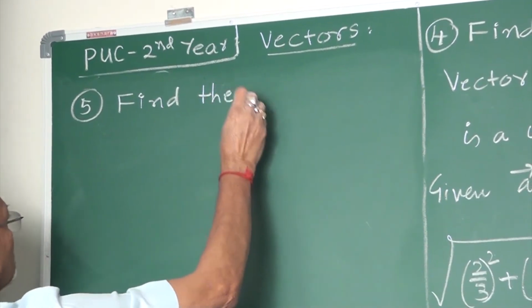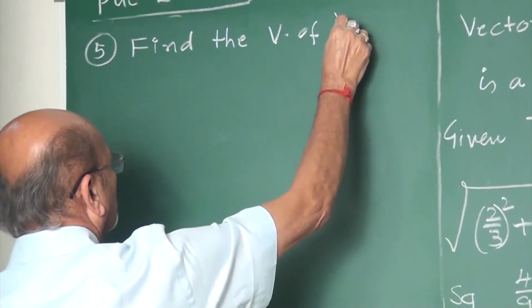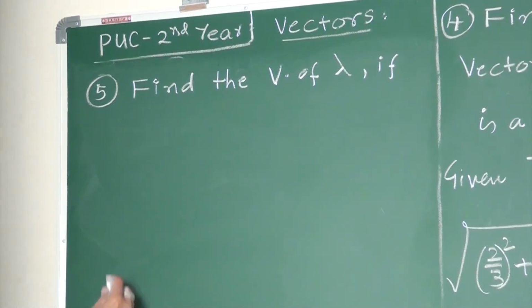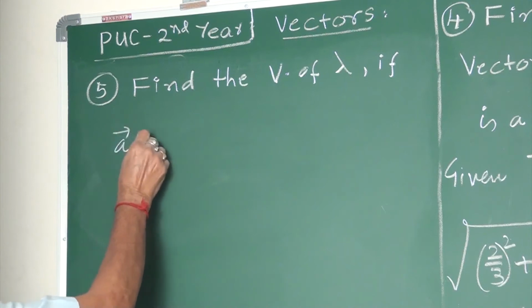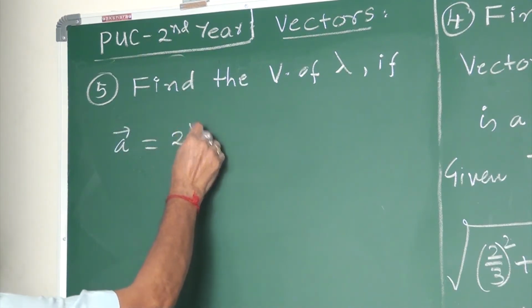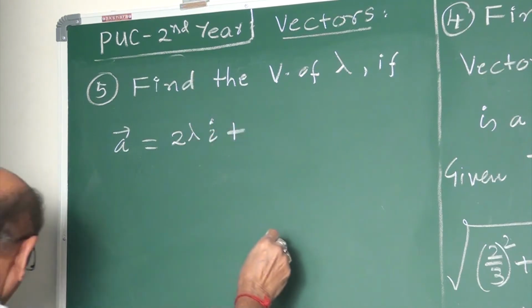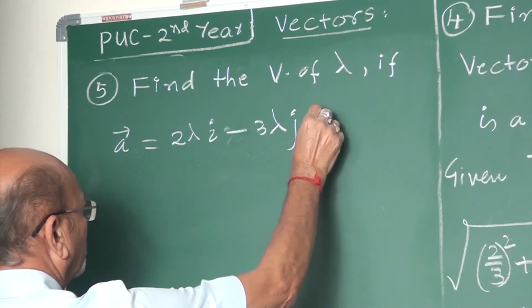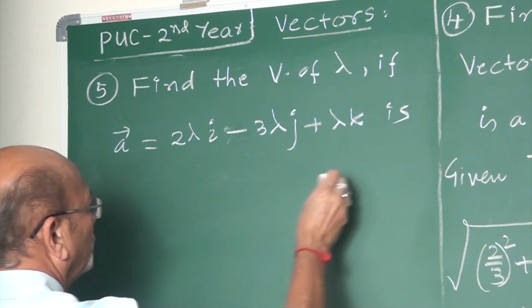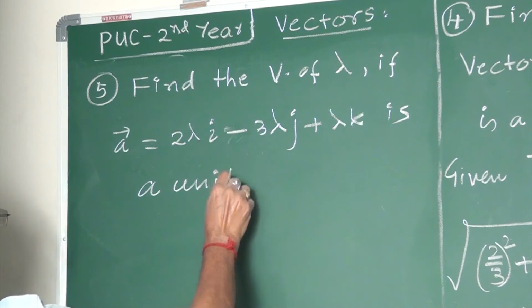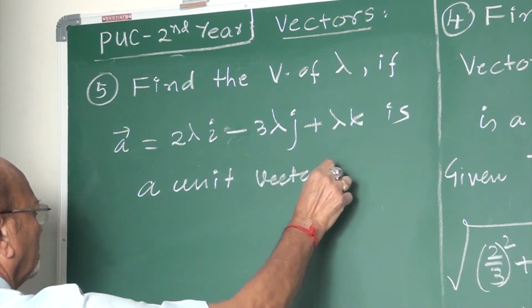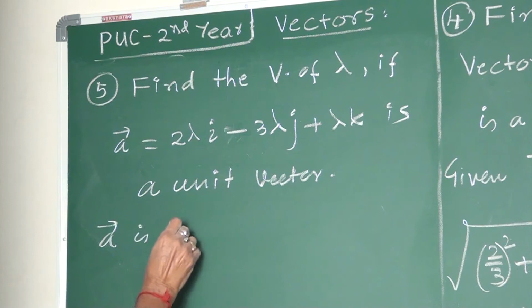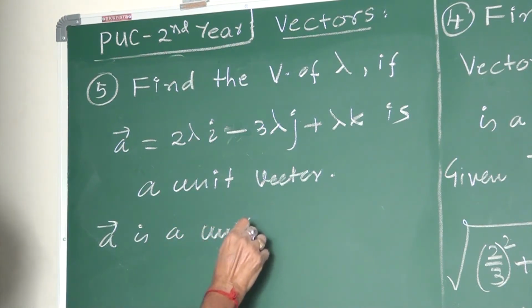Find the value of lambda if vector A equals 2 lambda i plus minus 3 lambda j plus lambda k is a unit vector. Same as the previous example. Given A is a unit vector.